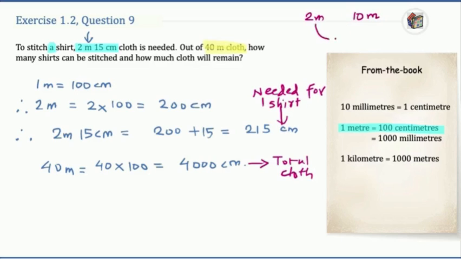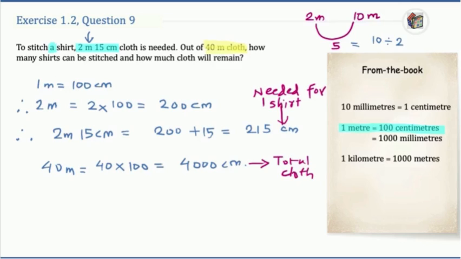I'm sure common sense is helping you answer that you will be able to stitch 5 shirts because 2 plus 2 plus 2 plus 2 plus 2, 5 times you will use up the entire 10 meters. How did you really get this 5? You got this by dividing 10 by 2. So you basically divide the total cloth that you have by what you need for one shirt. And that's exactly what you have to do here as well.